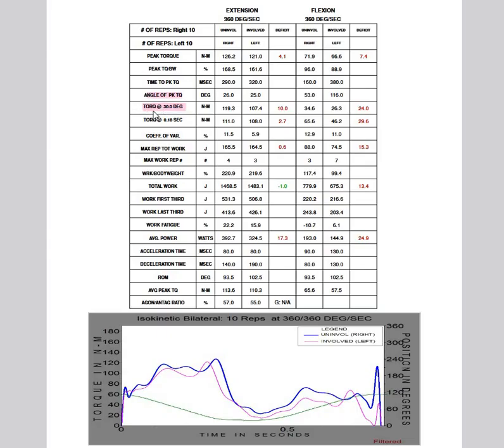So the relevance of this measurement is to try and increase the external validity, so the applicability of your results to real world scenarios. And this 30 degrees of knee flexion has some wider relevance.